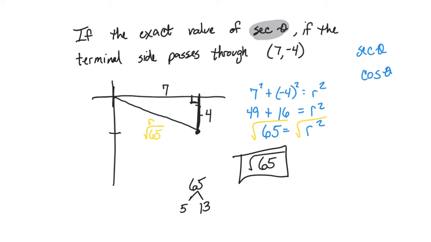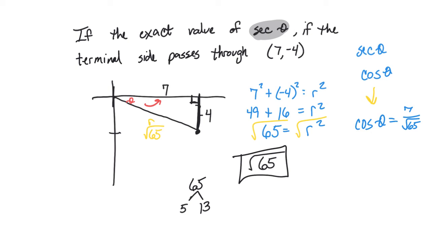So now that we have our hypotenuse, we can turn to our cosine, and then we can turn our cosine into secant. So again, cosine, it's always the angle that touches the origin. That would be this angle right there. Theta is always touching the origin, and it's always touching the x-axis as well. Don't use the y-axis. So cosine is adjacent, which would be 7, over the hypotenuse, which in this case is the square root of 65.